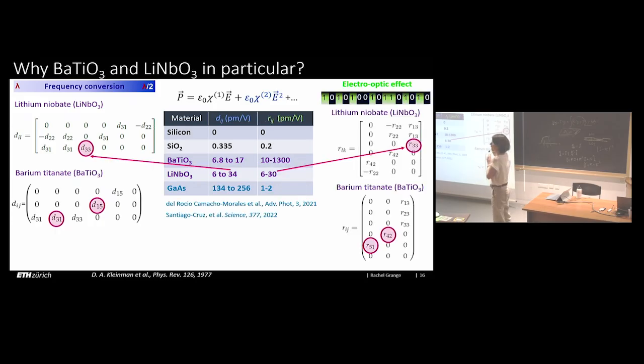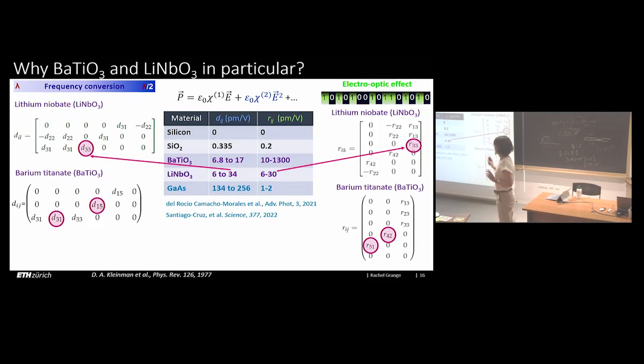This is different for the electro-optic effect. Not for lithium niobate, and that's why sometimes people mix things up. The parameter for the electro-optic Pockels effect, right? For lithium niobate, it has the same strength and the same component as for frequency conversion. So there, it doesn't matter.